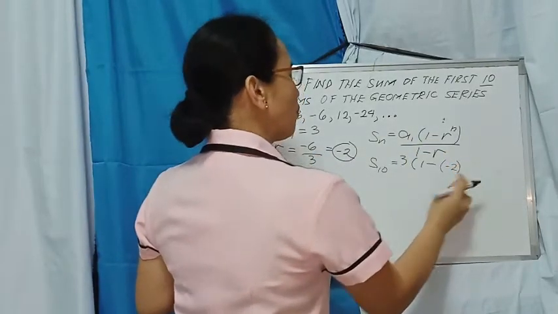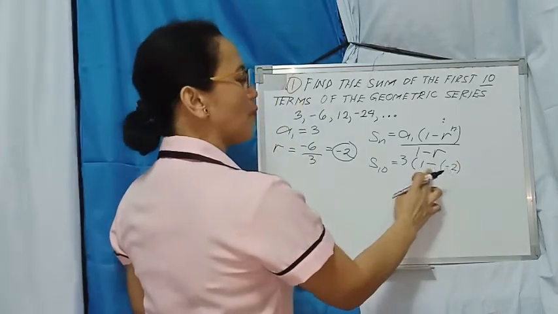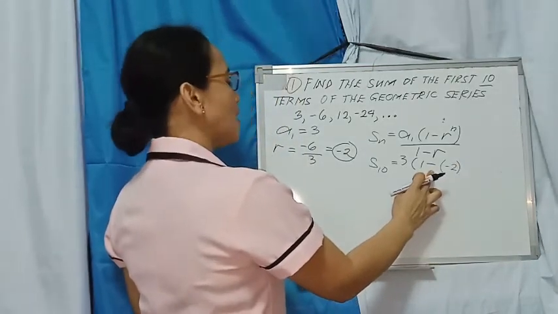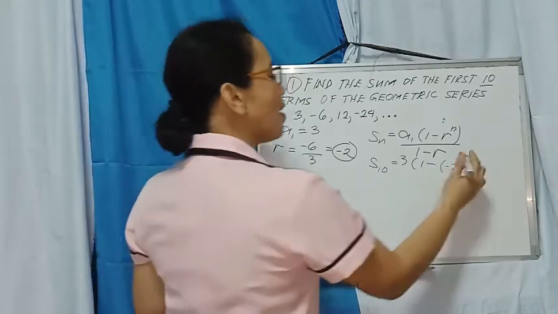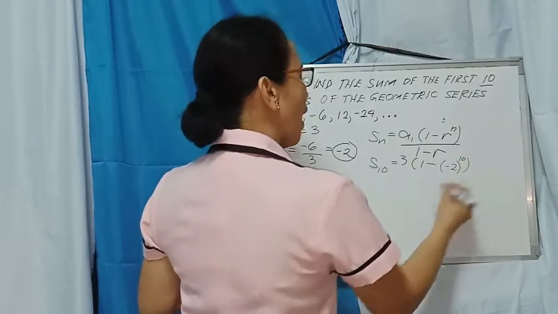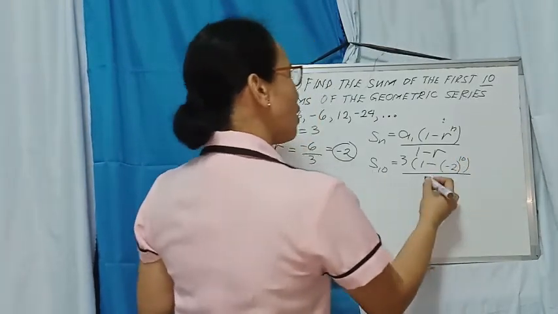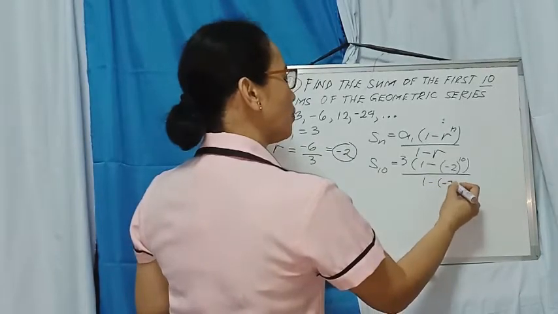We put -2 inside a parenthesis to separate the negative sign, and then raised to the 10th power, all over 1 minus -2.